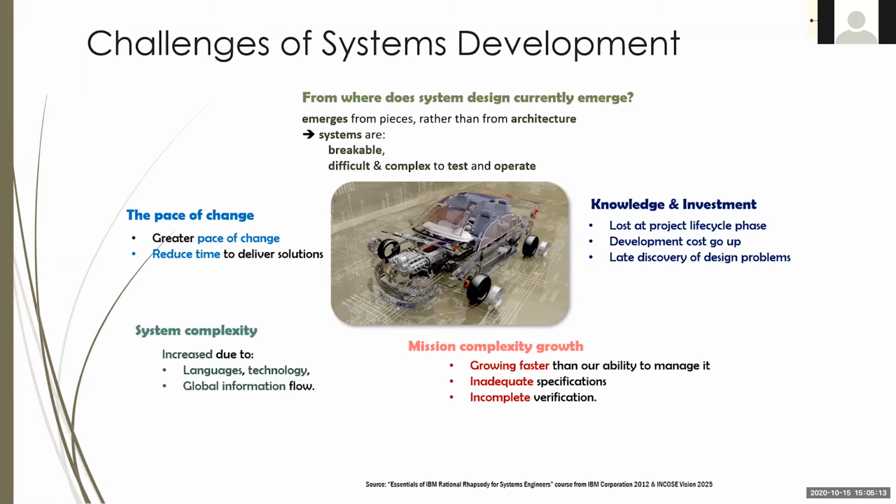Now, on the complexity of the system, you need to think about all the different languages, technologies, and application domains that we may have to consider in order to build one of those devices. Also, the development of these systems is not done in only one place.